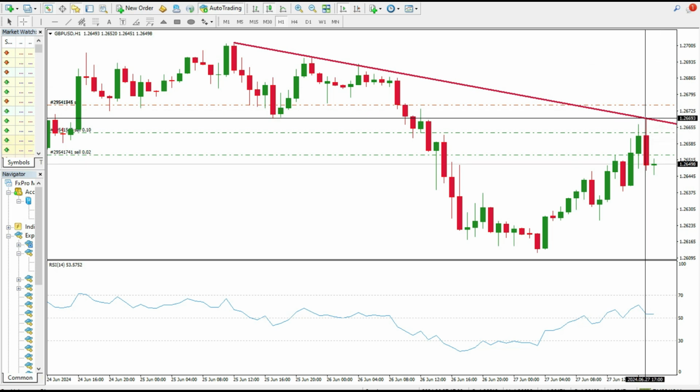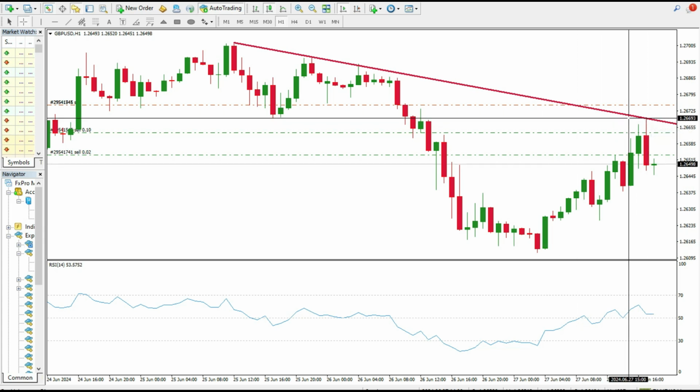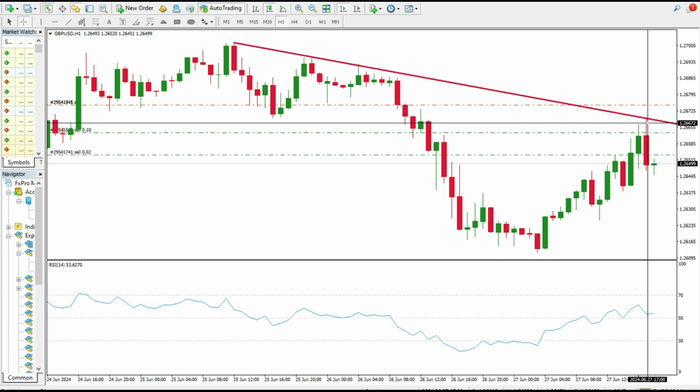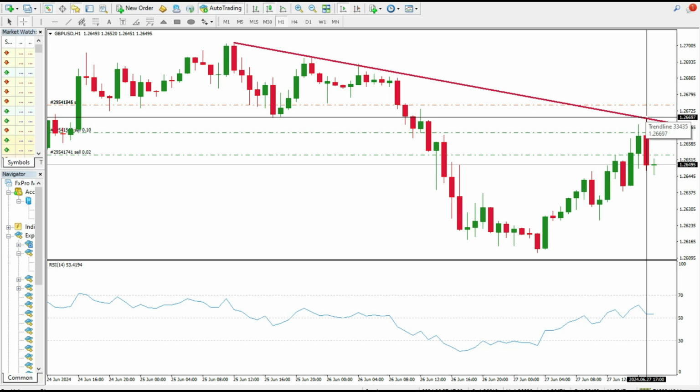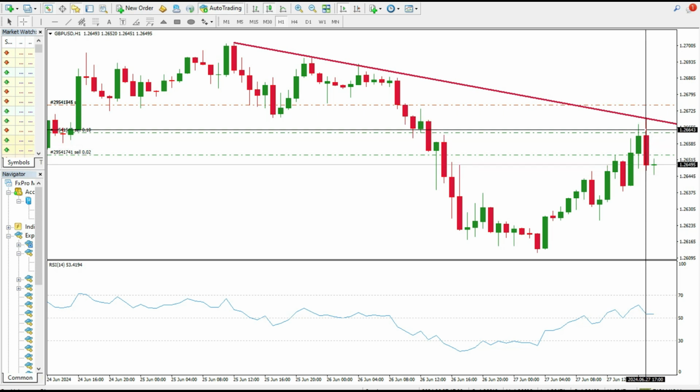So after price touched here, I entered a trade, and I'm bearish. I made a sell trade just on this line. Actually, I created several trades in case I missed by 1 or 2 pips, but in the end I'm on average around 1.267, and 1 hour after that we have a bearish candle.